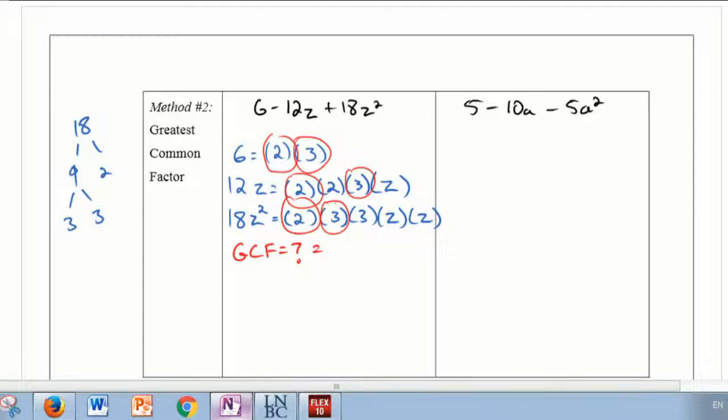And then anything else? Well, I have two 2s here, but they don't all have two 2s, so I can't use that 2. I have an additional 3 here, but they don't all have that, so I can't use that. These second ones both have z's, but I don't have a z in my first term. So it looks like my greatest common factor is just 2 times 3, which is equal to 6.